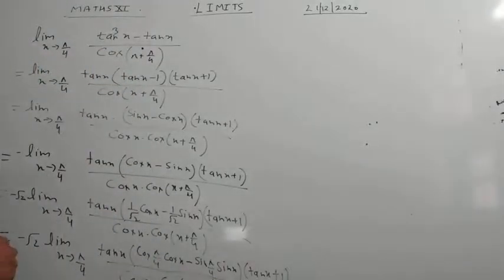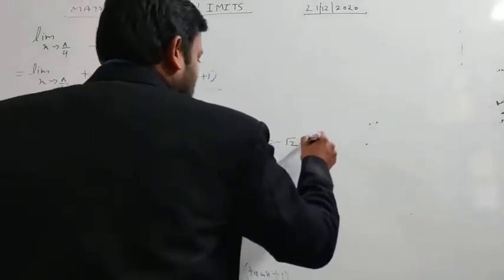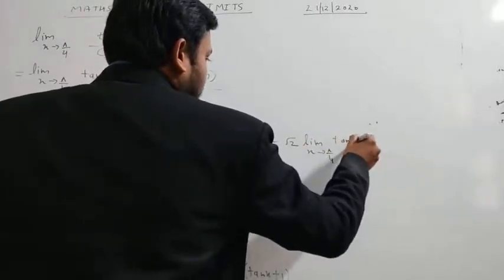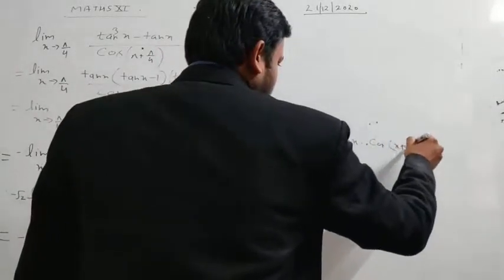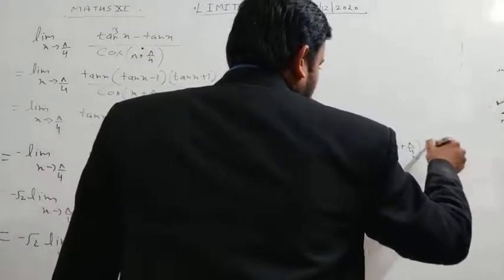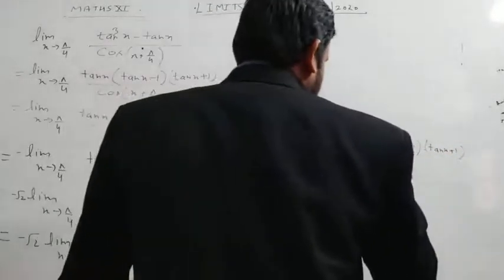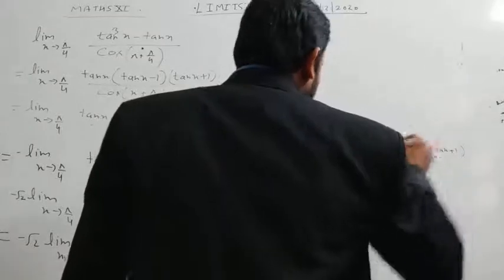Now this is cos A cos B minus sin A sin B, so we write cos (A plus B). So this is minus root 2 limit x tends to pi by 4 of tan x cos (x plus pi by 4)(tan x plus 1) by cos x cos (x plus pi by 4), and this term will cancel with this term.